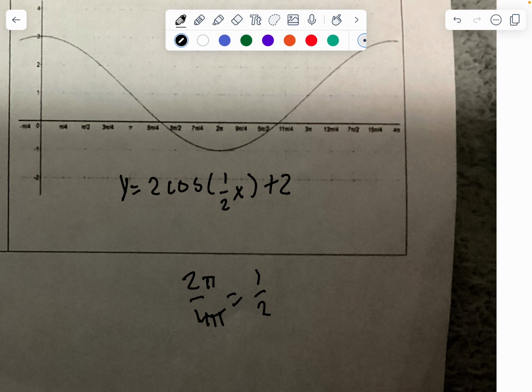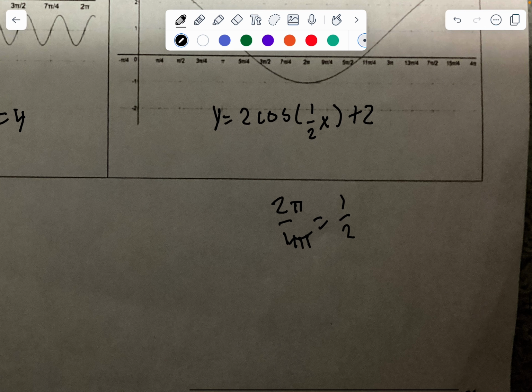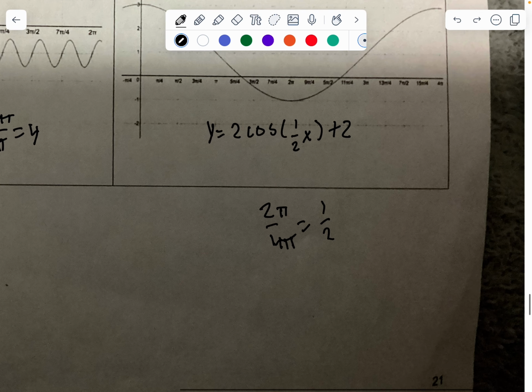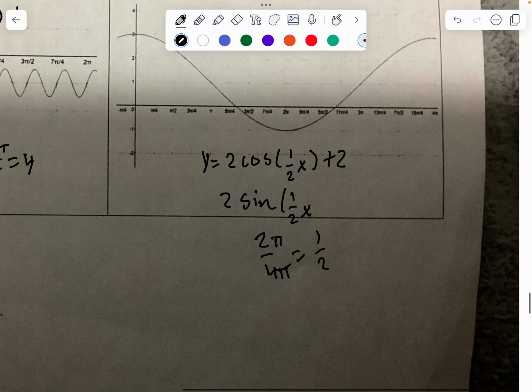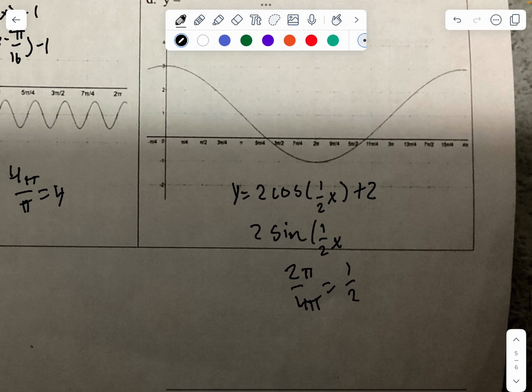Maybe. I don't know. Everything's right except this, I'm pretty sure it's right, but I'm not. So sine is gonna be 2 sine 1/2 x.